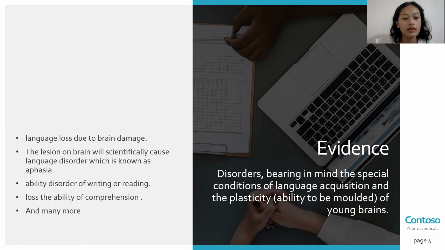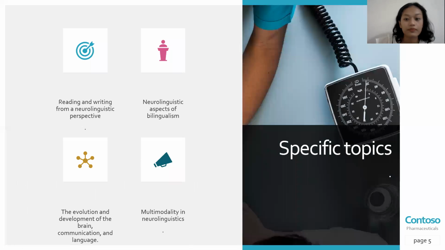The other one is a lesion of the brain, which will scientifically cause a language disorder known as aphasia. It is when you are not able to structure a word or a sentence, you forget them. And another one is the disorder of the ability of writing or reading, loss of the ability of comprehension, and many more.